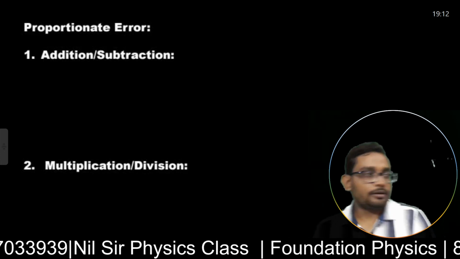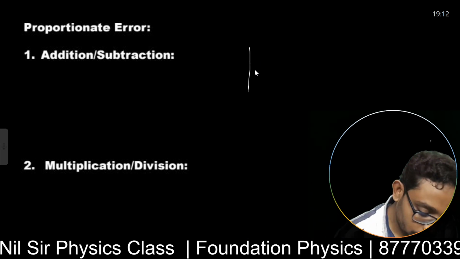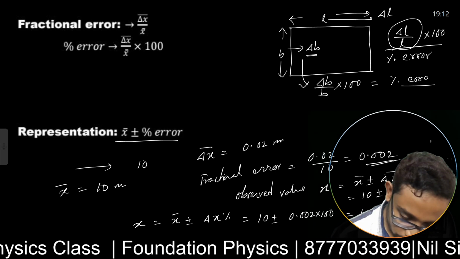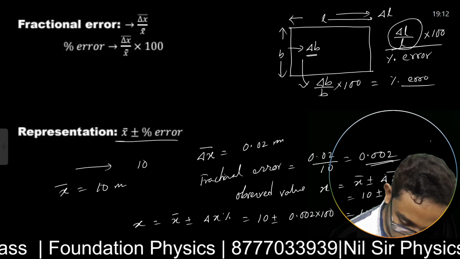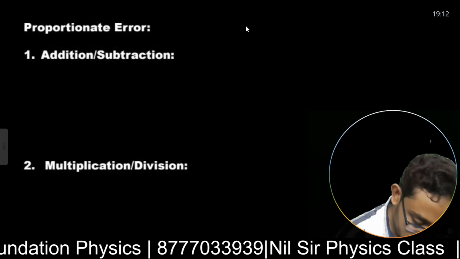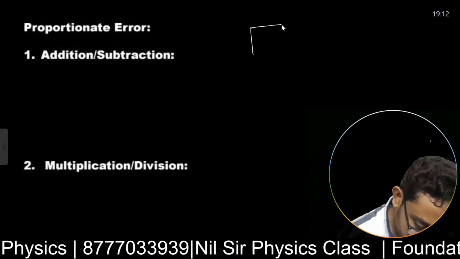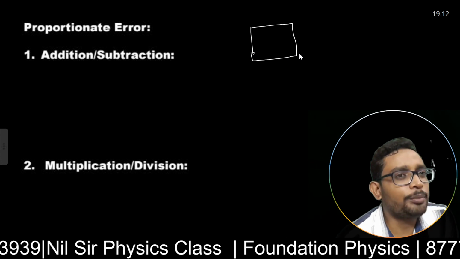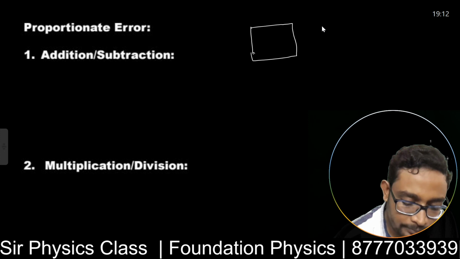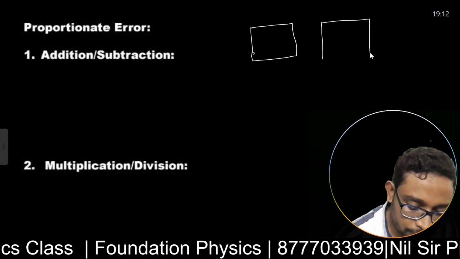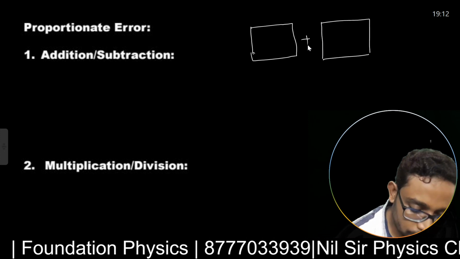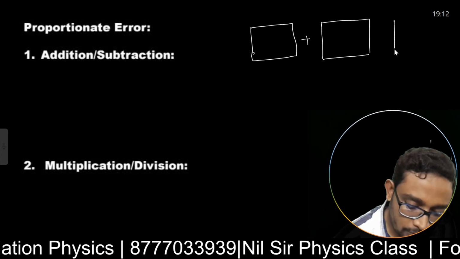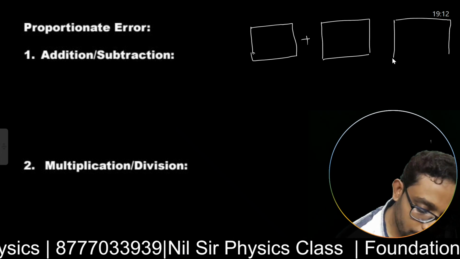Proportionate error. So for example, in your measurement you want to add this volume with this, and you got some new volume.